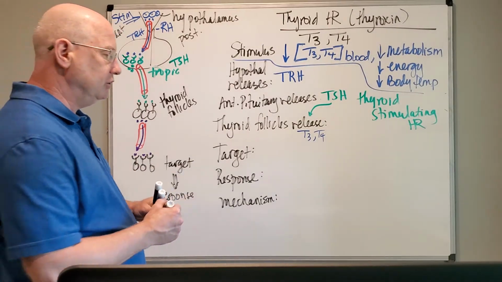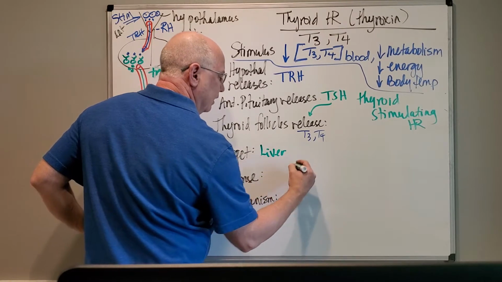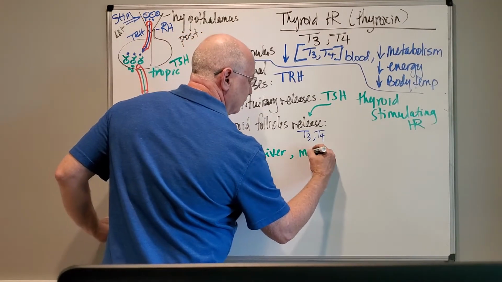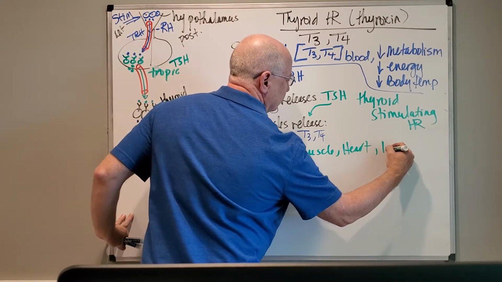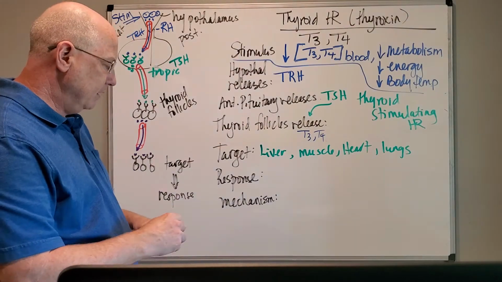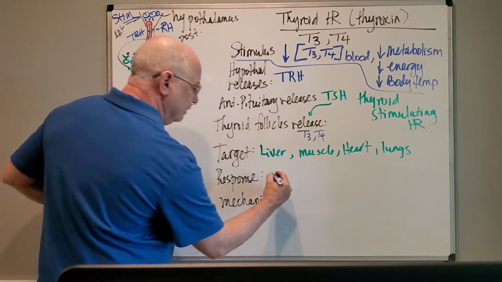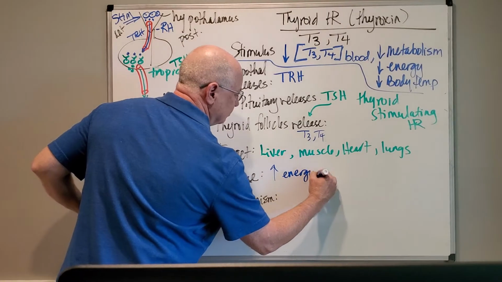So I'm going to list just a few. One of these would be the liver. Another would be muscle, heart, lungs, respiratory system, okay? The response is going to be to increase energy metabolism.